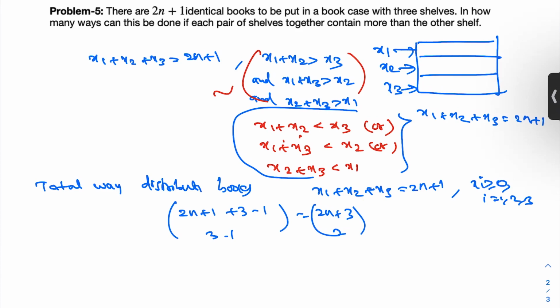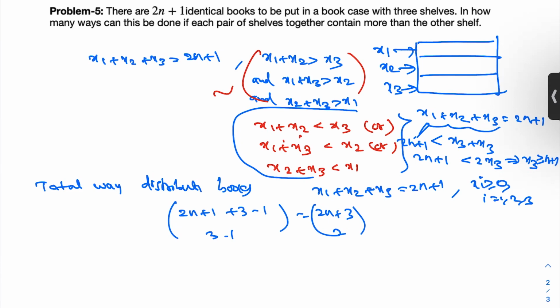If x1 plus x2 less than x3, then we can say that x1 plus x2 plus x3 will be less than x3 plus x3, but this is actually equal to 2n plus 1. So 2n plus 1 less than 2x3. That implies x3 will be greater than or equal to n plus 1.